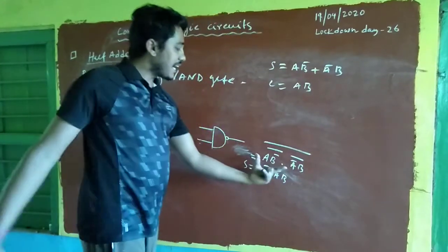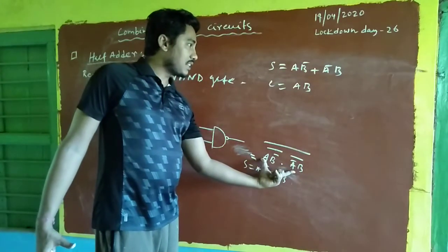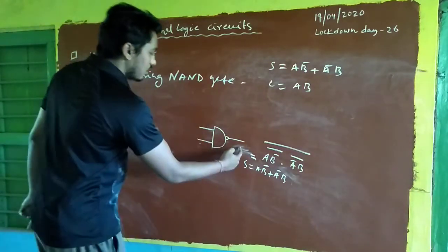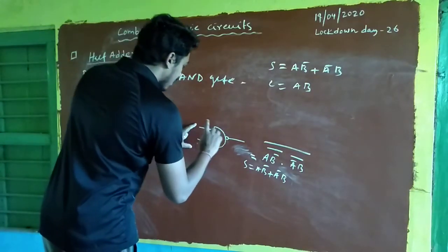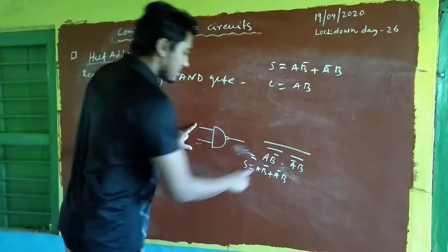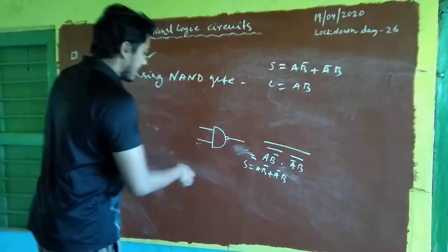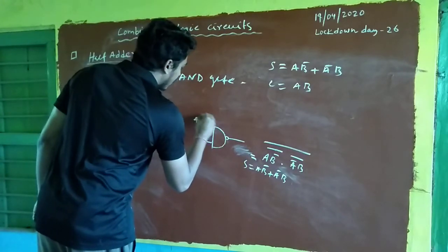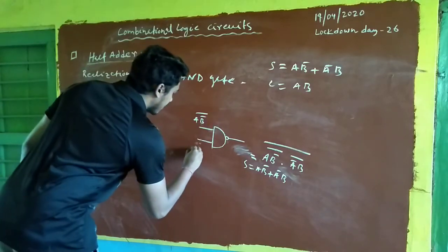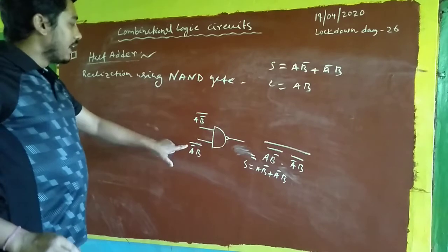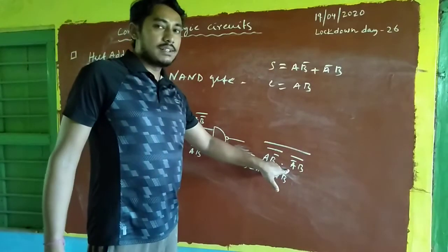So what is the advantage of writing this expression? We can write this output as the input multiplication, and we are just simply complementing. So what are the two inputs? Easily we can write that one is A B bar and another input is A bar B whole bar. So these two are inputs and we will get this as the output.